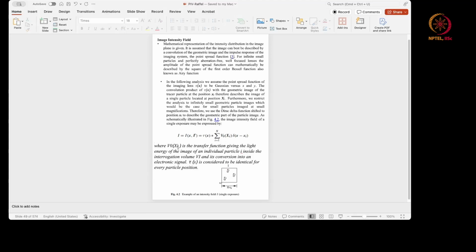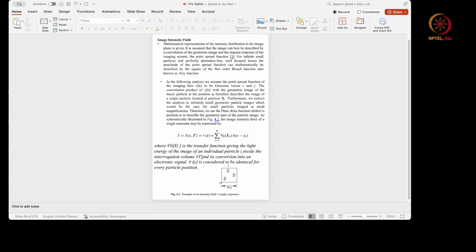So this V naught xi is a transfer function, basically giving the light energy of the image of an individual object i inside the interrogation volume Vi, and its conversion into an electronic signal. So tau x is considered to be identical for every particle position. That means the Airy disk is the same for all particles.